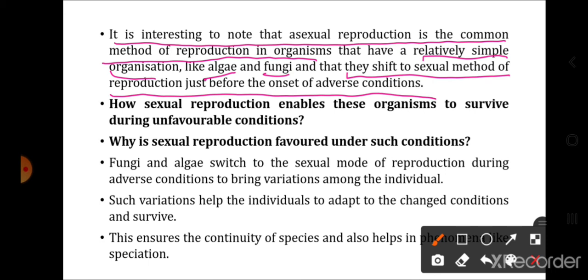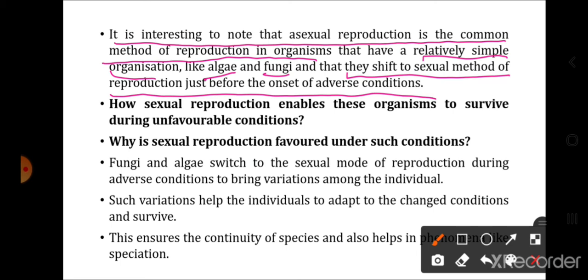So the question arises, why do they switch over to the sexual mode of reproduction? Like I told you, algae and fungi undergo sexual reproduction at the time of unfavorable conditions.